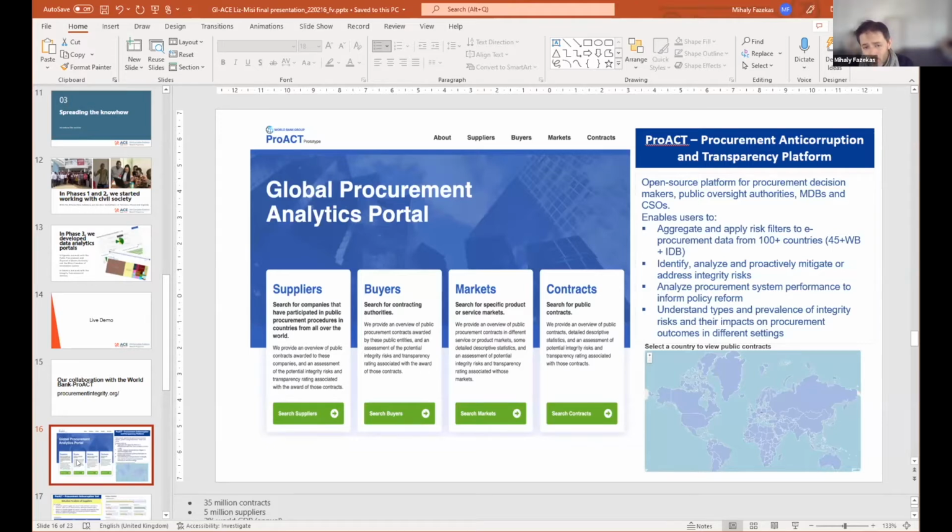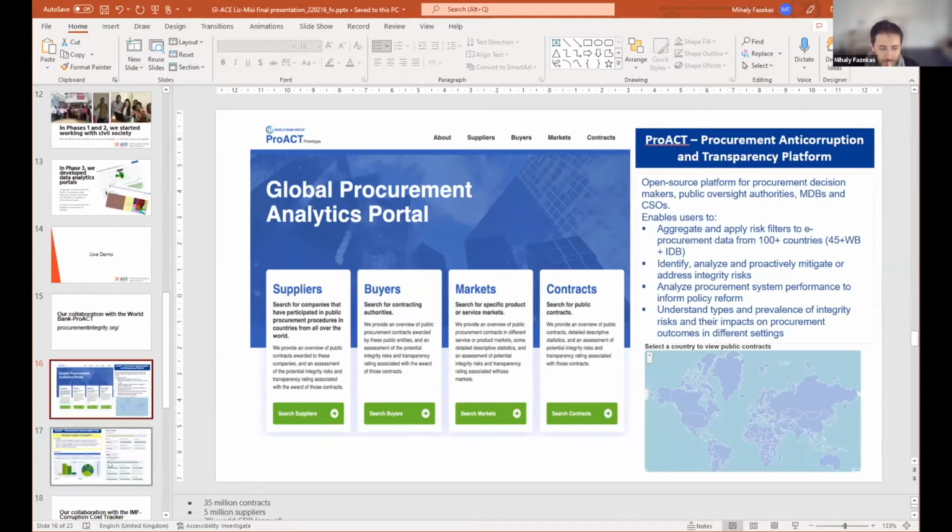Nevertheless, this is a globally unique tool that allows you to look across countries in a single structure. So you can look at, say, healthcare providers across all of Sub-Saharan Africa or all of Eastern Europe, and you can look at their performance, compare them, download their data. So that's quite unique, I believe.